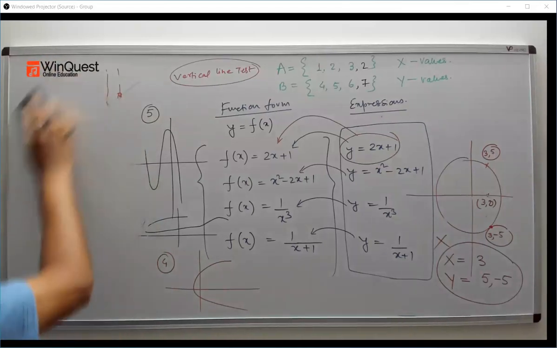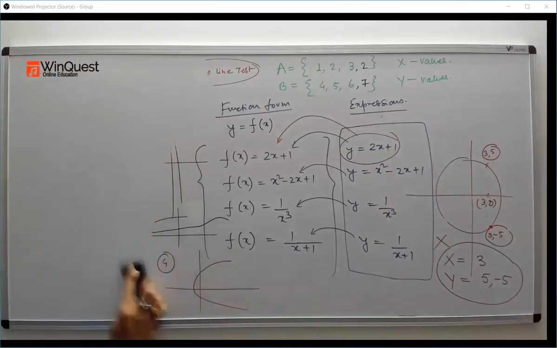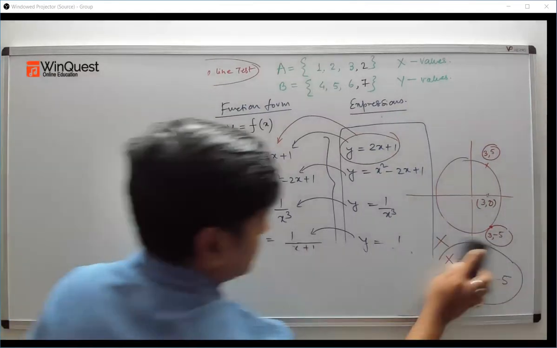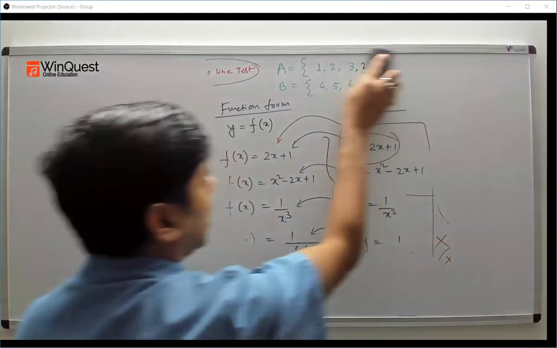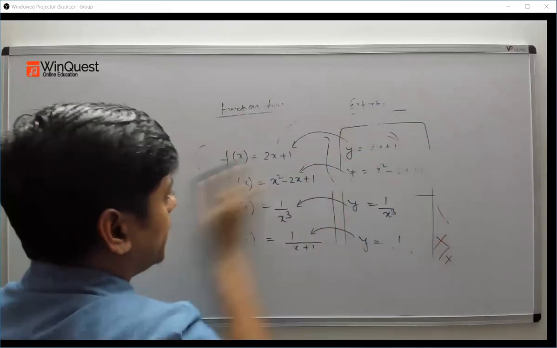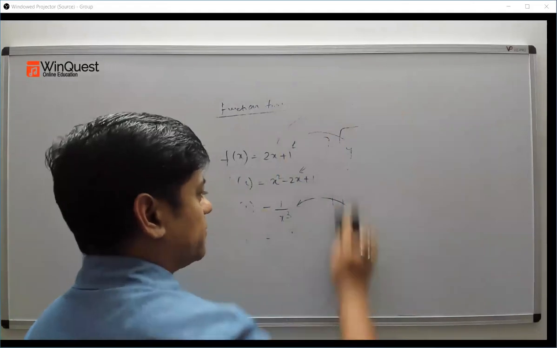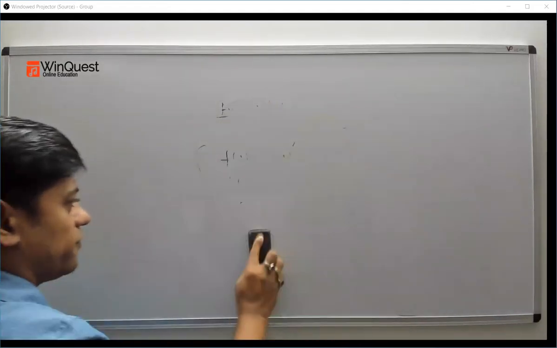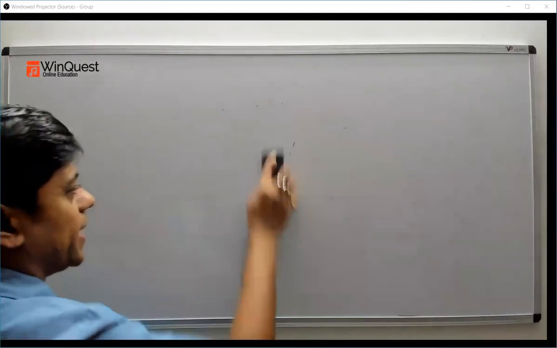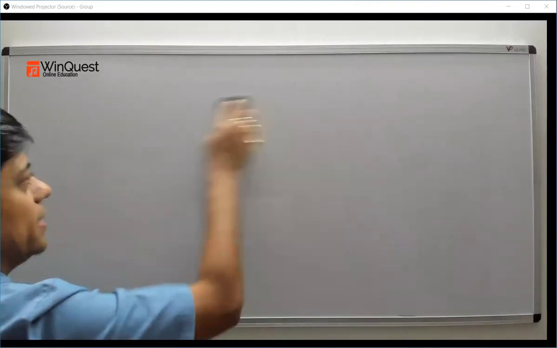Now, in other words, how can we understand in terms of a relation? How do we understand that this is a function and this is not a function? You will find this in books also.